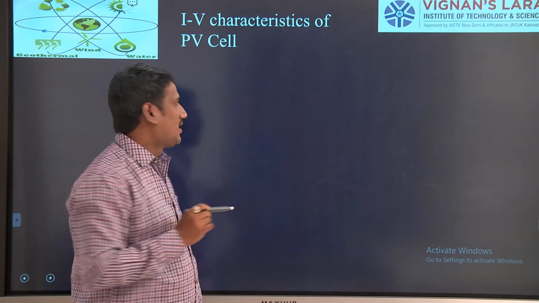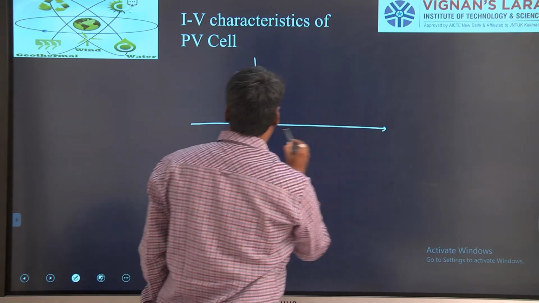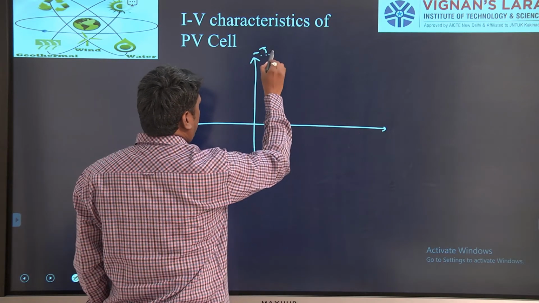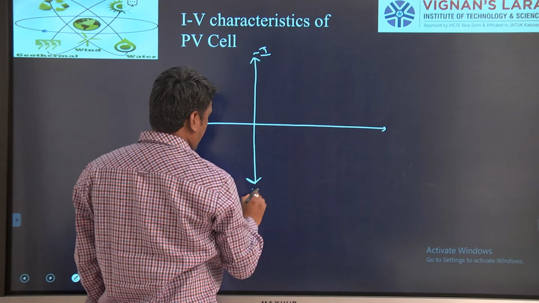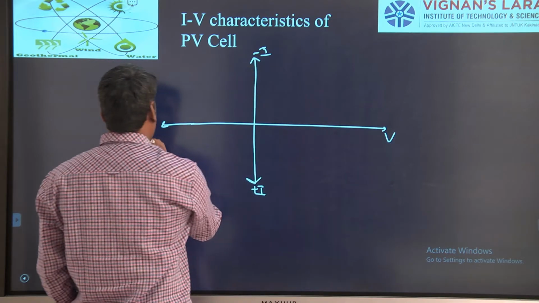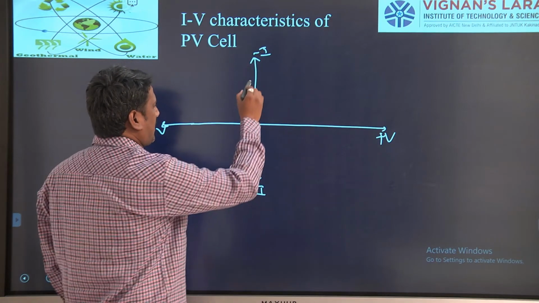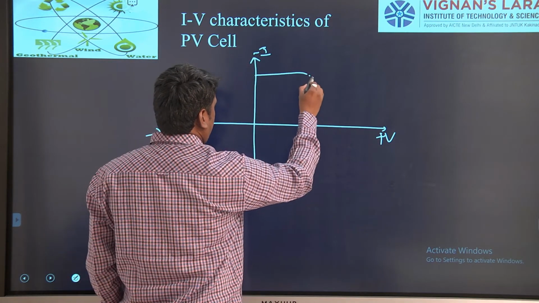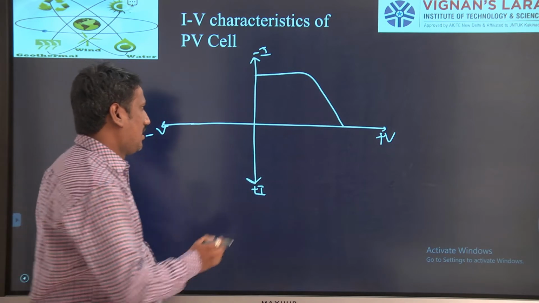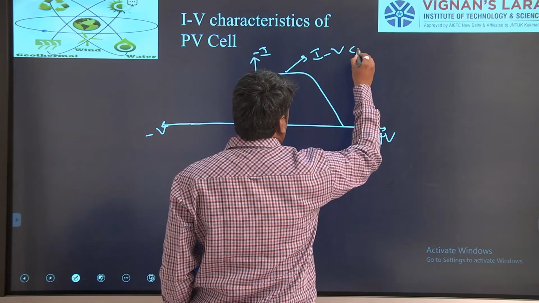Now let us consider these are the PV characteristics. If you consider minus I on that side and plus I on the opposite side, this will be V and minus V. The characteristics you got are like this. These are the IV characteristics of a PV cell.